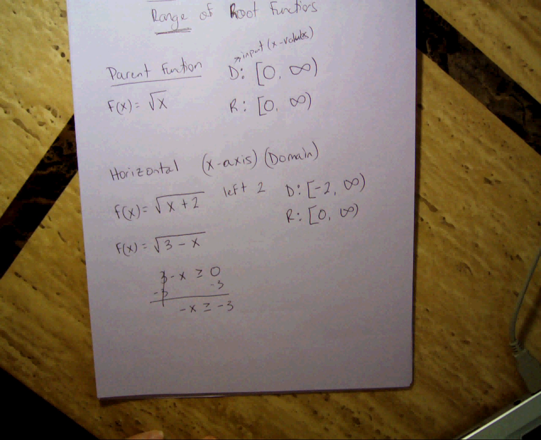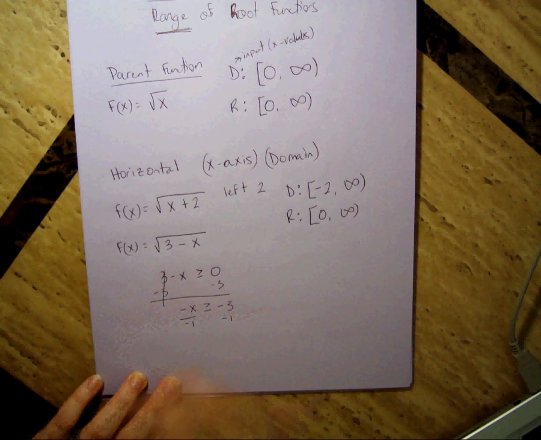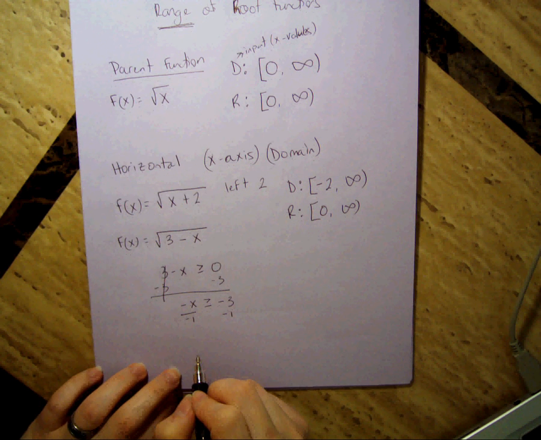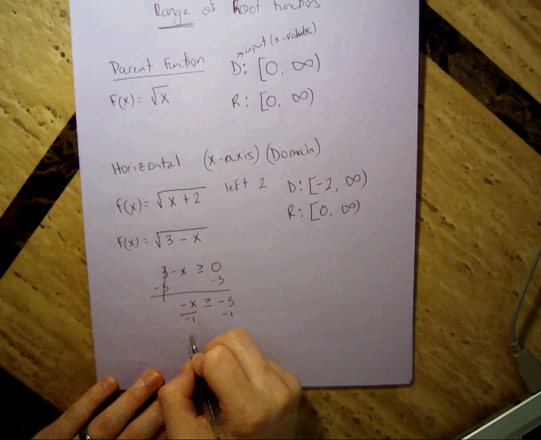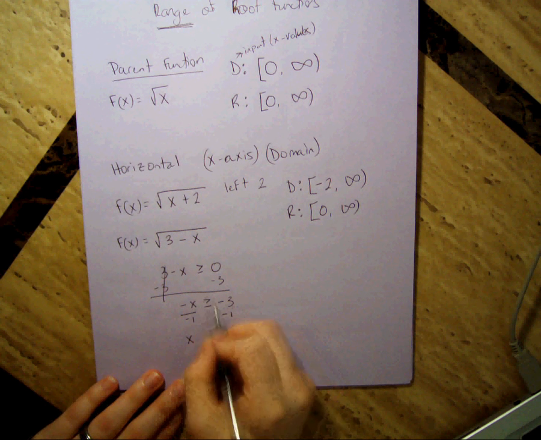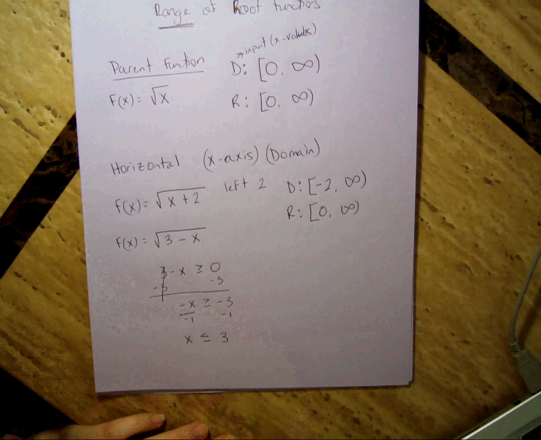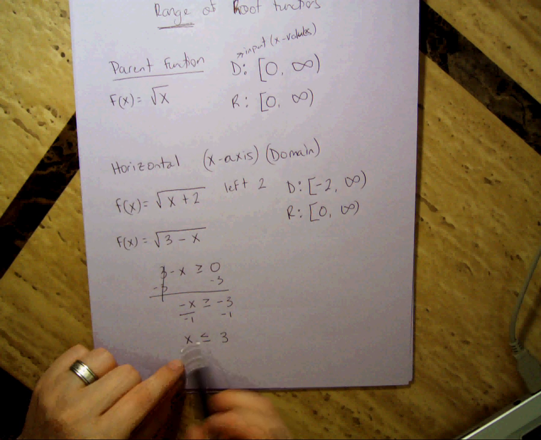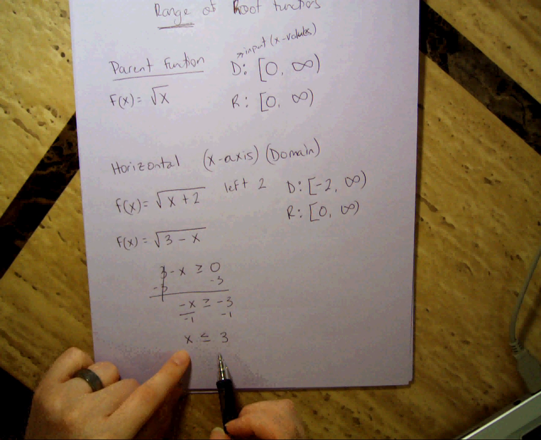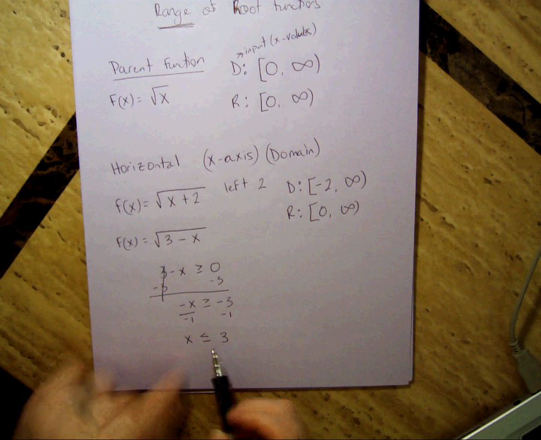I want to know just x because that will give me my domain, so I'm going to divide by a negative 1. Remember, we're dealing with an inequality, so when I divide by a negative, I'll get positive x, I'll get positive 3, but it's going to switch my inequality symbol back the other way. And so look at what it's telling me my domain is now, everything that's less than or equal to 3. So less than all the way down to negative infinity.